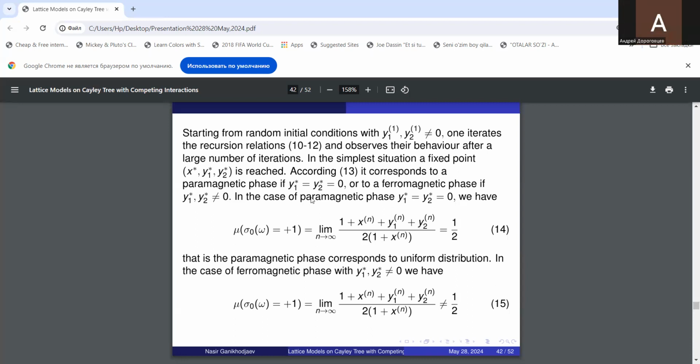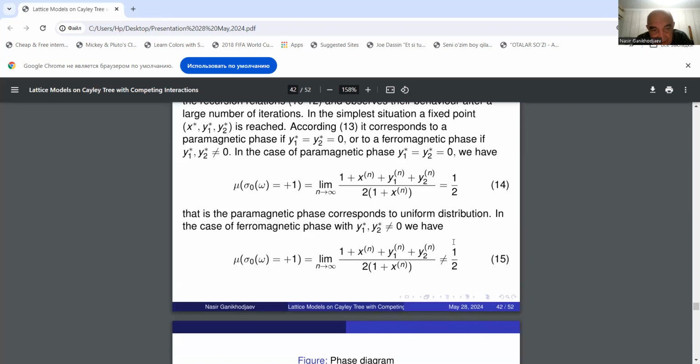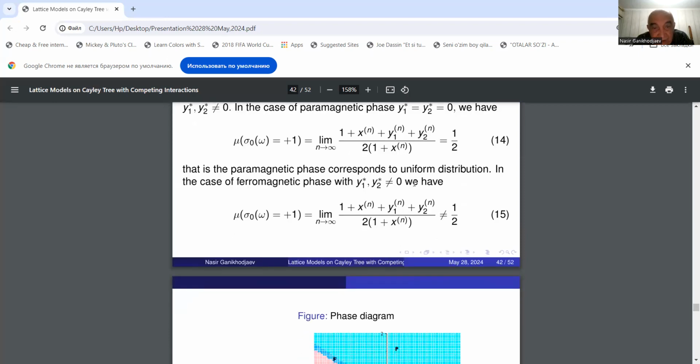In the case of the paramagnetic phase, this limit exists and equals 1 over 2. That is, in this case, our paramagnetic phase coincides with the uniform distribution on the set of all configurations. In the case of the ferromagnetic phase, this limit differs from 1 over 2.